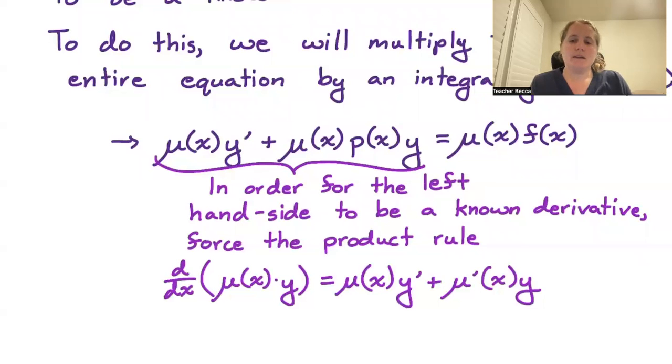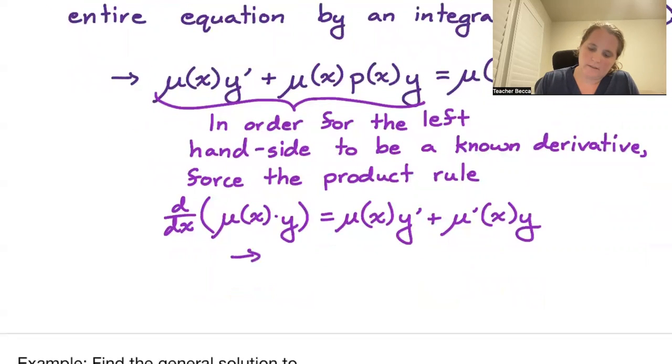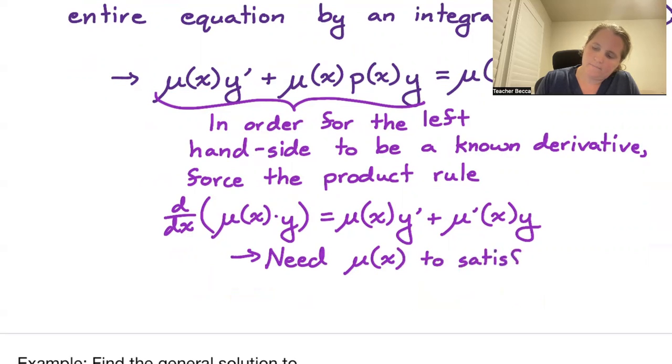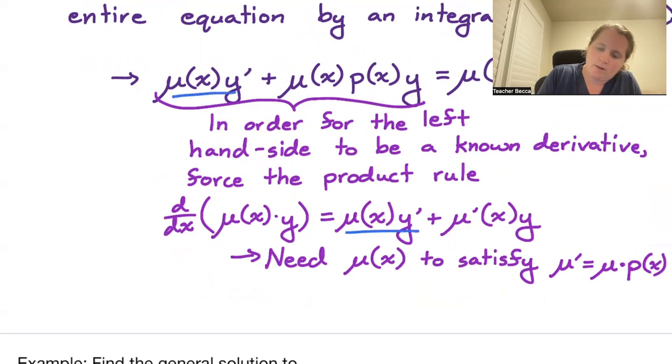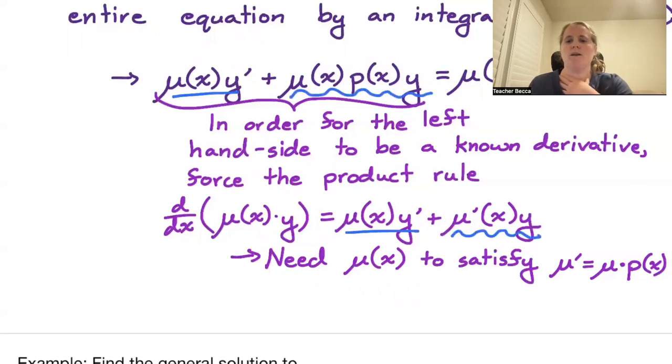So what we need mu of x to satisfy is mu prime is equal to mu times p of x. So again, here the mu of x y prime already occurs, but that mu prime of x y should match that mu of x p of x y.